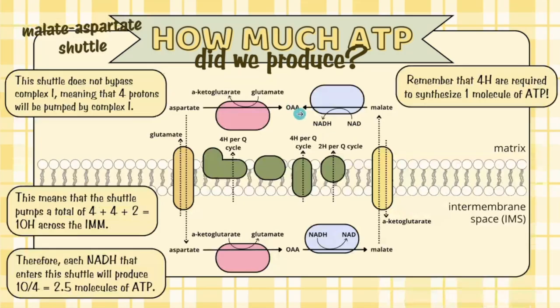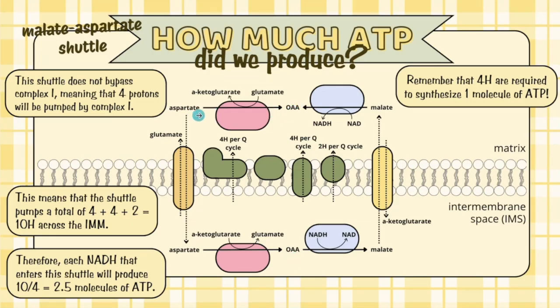Now, oxaloacetate is impermeable to the membrane. See here, it didn't even cross the membrane when it was converted. It has to be converted to malate to cross the membrane. But oxaloacetate is impermeable, so it has to be converted to aspartate.